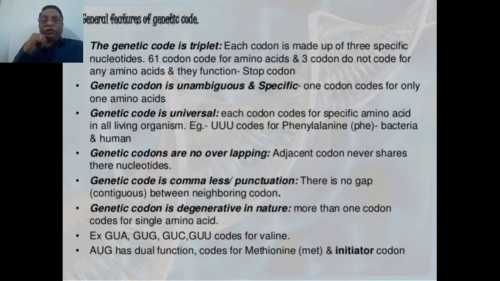GUA, GUG, GUC, GUU code for valine. It means one amino acid is coded by many codons. This is the degenerate code. Genetic code is always degenerate. There is another word we call redundant. The genetic code is always redundant. Very important for NEET and CET.